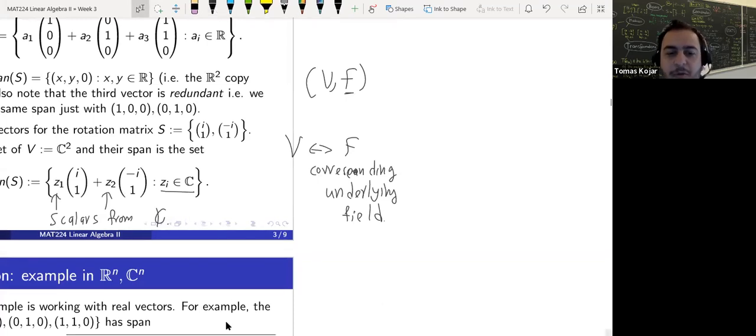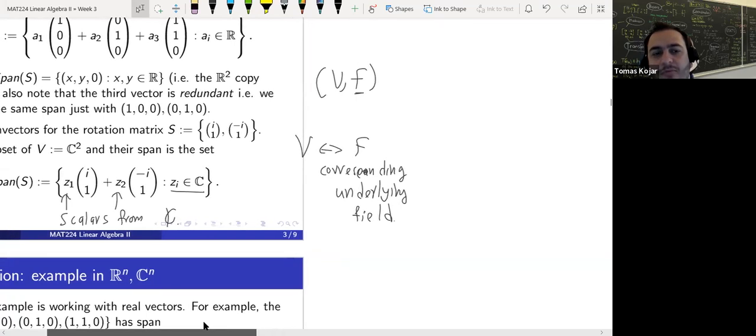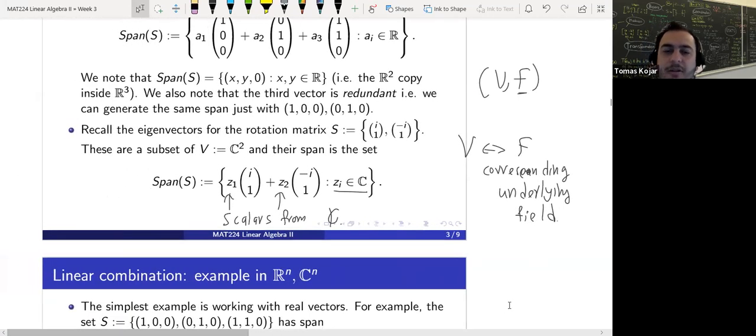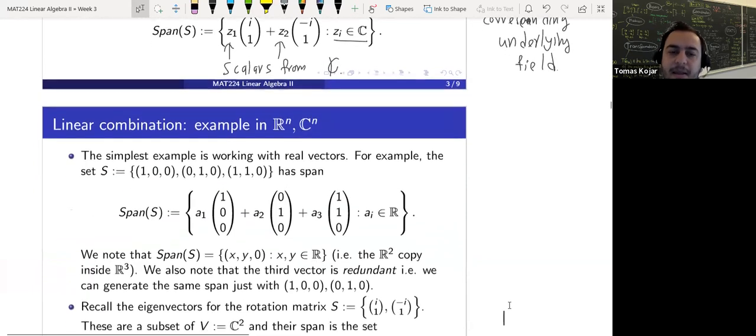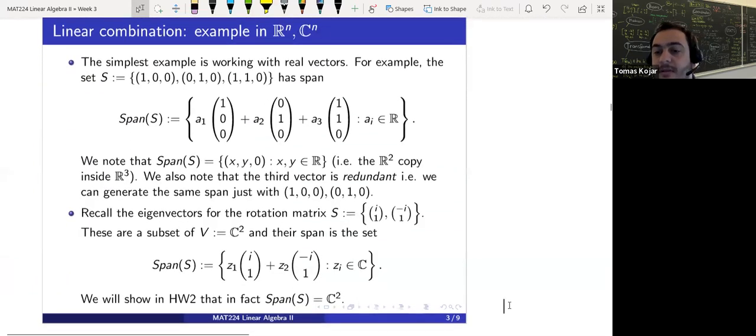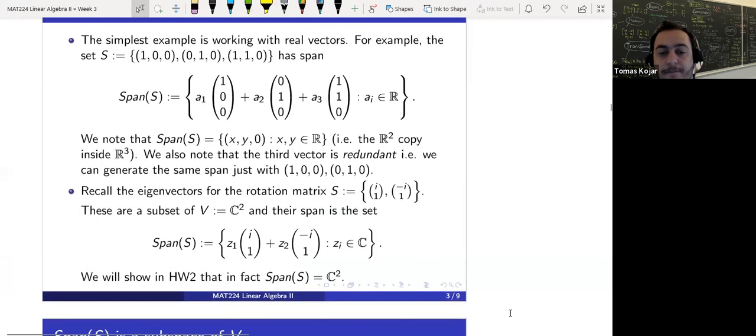People will ask you, what do you mean by scalar multiplication? You will have to tell them. Oh, I mean when you multiply by this number. So it's always because it's mentioned somewhere else in the book. But you always have to mention both.